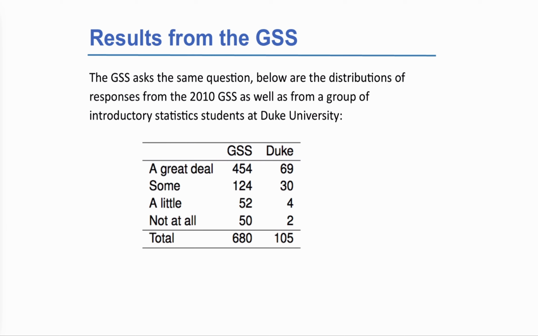The GSS asked the same question, and these were the results. This is the results from a 2010 GSS survey, and this is the results from an introductory statistics course at Duke University.